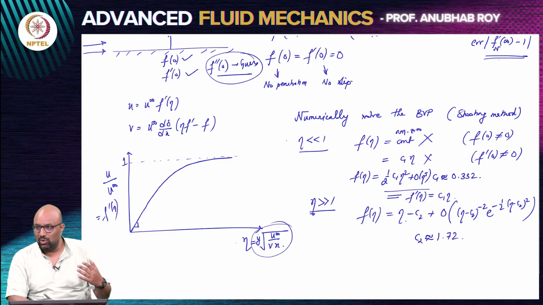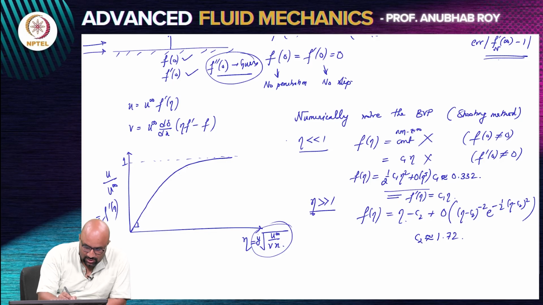So, what you can do, you can find the boundary layer profile at different stations in x, and you can see that those profiles will collapse onto each other, which means the streamwise velocity. Let us fix a value of eta for the sake of our argument right now.